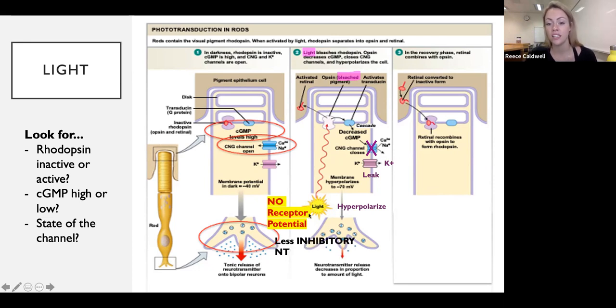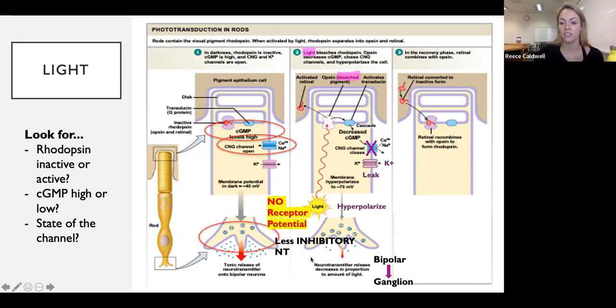Therefore, we decrease the release of our inhibitory neurotransmitters. This picture shows just a few of them. We'll always kind of leak out some neurotransmitters, but we aren't releasing enough to cause anything to really occur. So if we decrease the release of our inhibitory neurotransmitters, we're going to again affect that path.